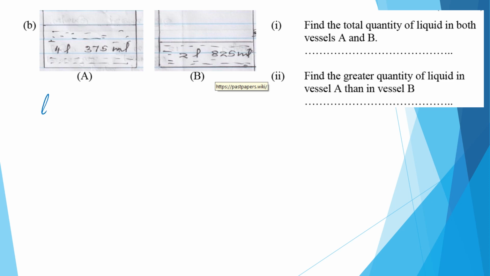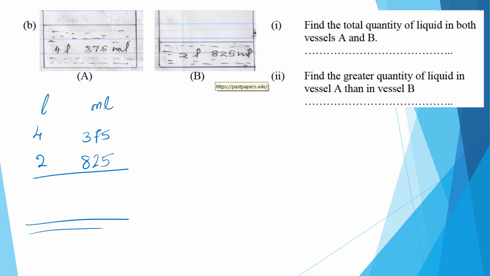We can take liters here and milliliters here. We have to add 4 liters 375 milliliters, and the second one 2 liters 825 milliliters. So we have to add this, right?